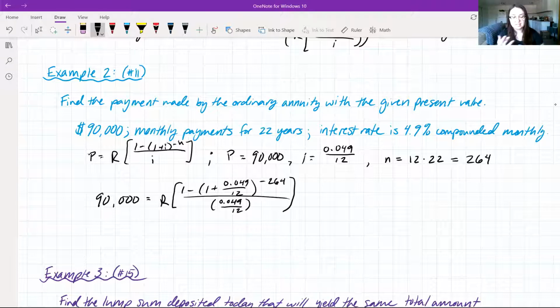All right, so we have this entire equation. Now what we really want to do is calculate this value inside of our brackets first, so that we just have some value multiplying by R, so then we can just divide by that value and get our value of R. So I invite you to calculate this on your own.